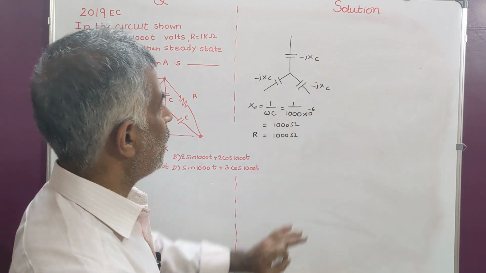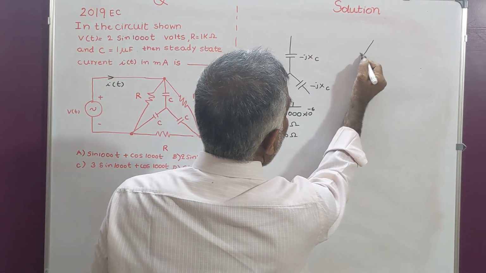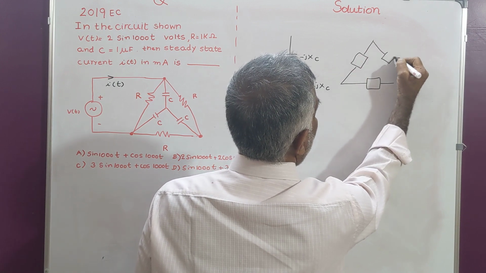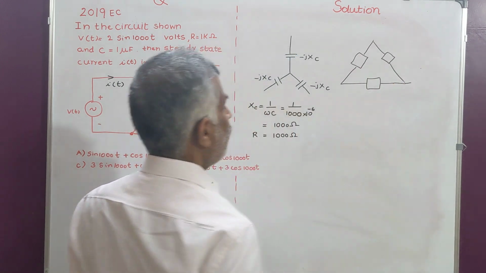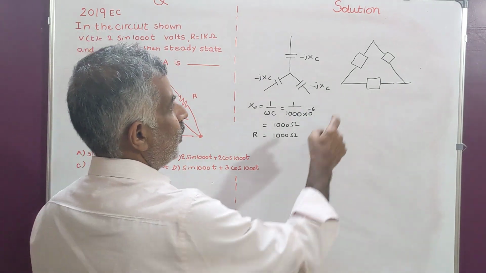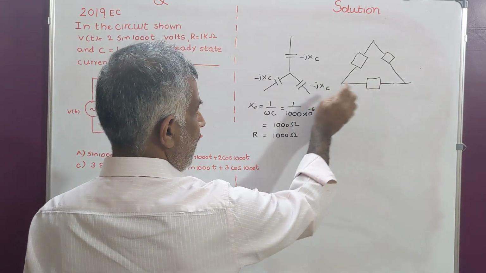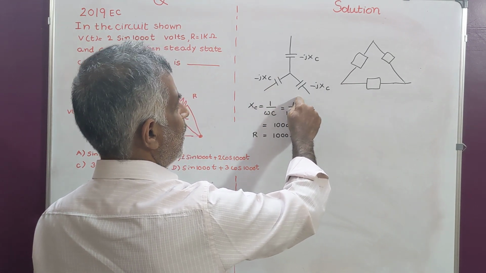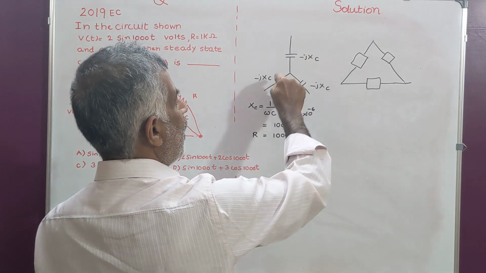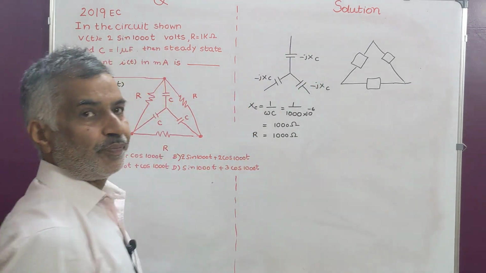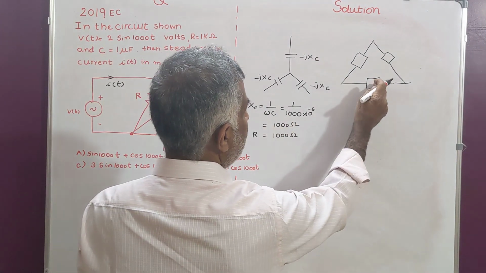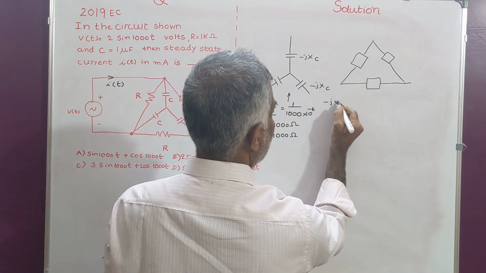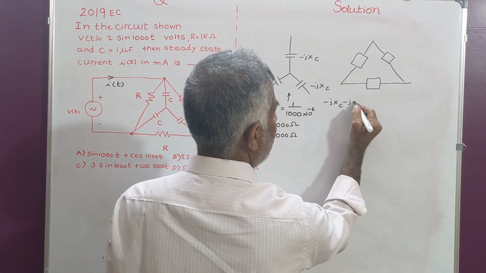So we have to convert this to delta. How to convert this to delta? For example, this one. To get this impedance, add these two and plus the product of these two divided by this. You are looking from this side: minus jXc, minus jXc.